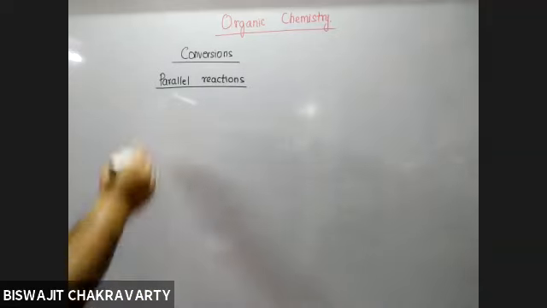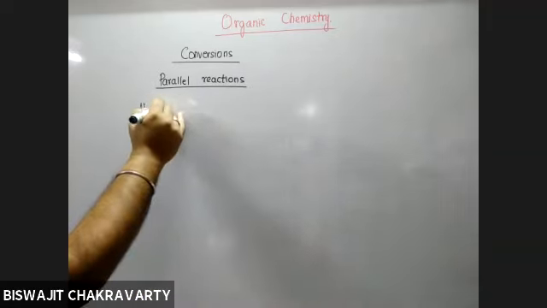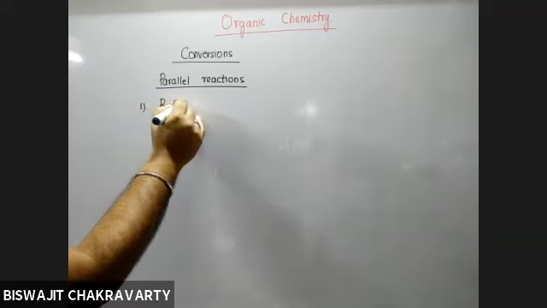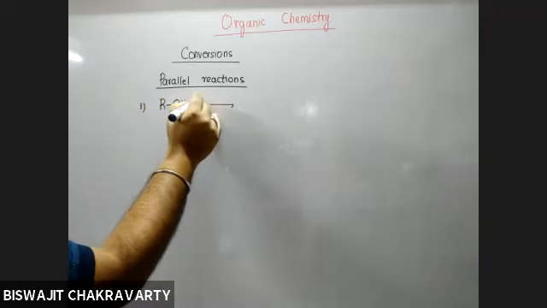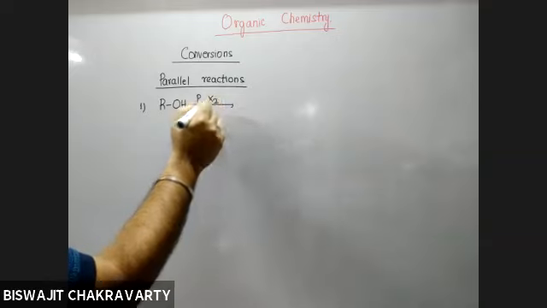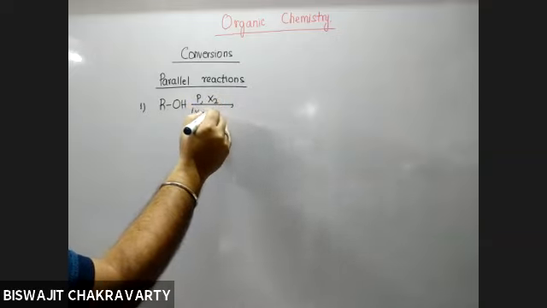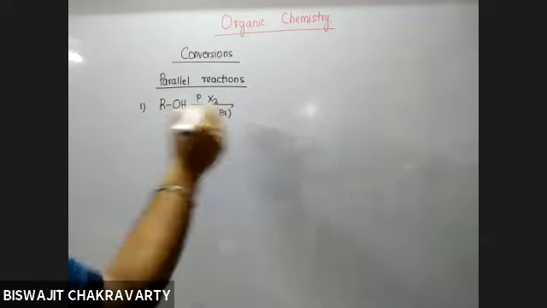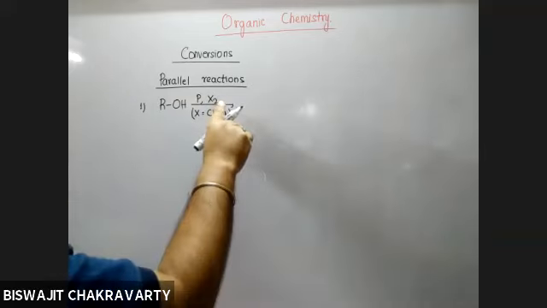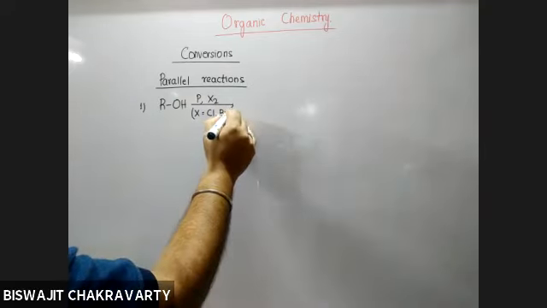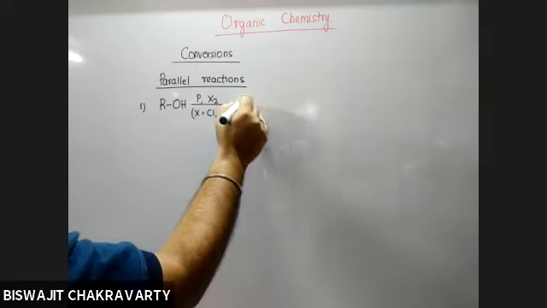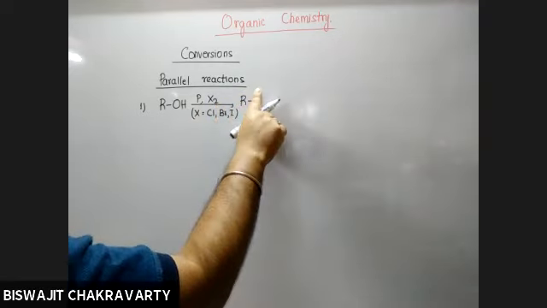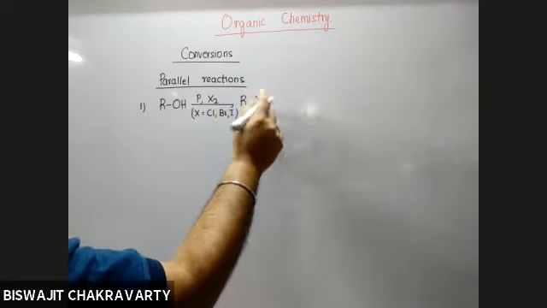Say for example, when alcohols are treated with phosphorus and any halogen, which can be chlorine or bromine especially, and can be iodine also, then they will be converted to alkyl halide.